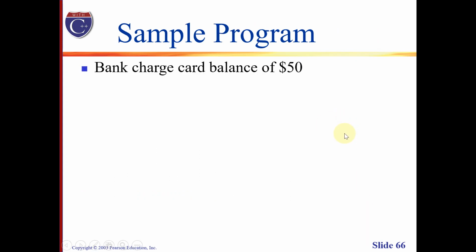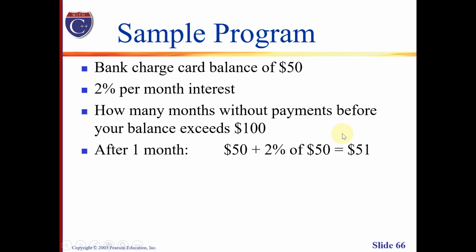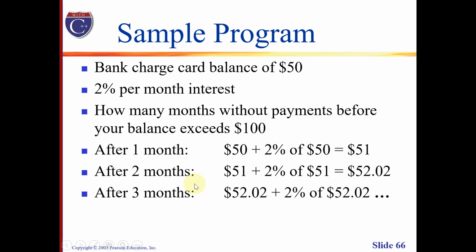Next, here's a sample program. In this case, the bank would charge a card balance of $50 with a 2% per month interest. Then, we have to know how many months without payments before your balance exceeds $100, and we have the following computation.